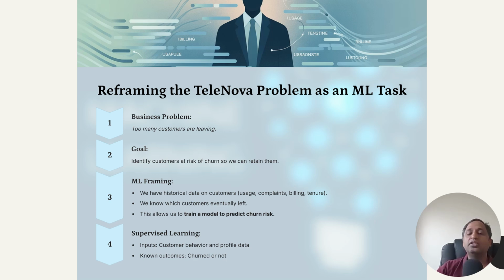In other words, this is a great candidate for a supervised learning approach. Finally, we define it in technical terms: the model input will be features like behavior and customer profile data. The output will be the churn label, either the customer churned or they didn't. This sets us up to build a classification model that can score a new customer based on churn risk, and from there, business teams can take targeted action.